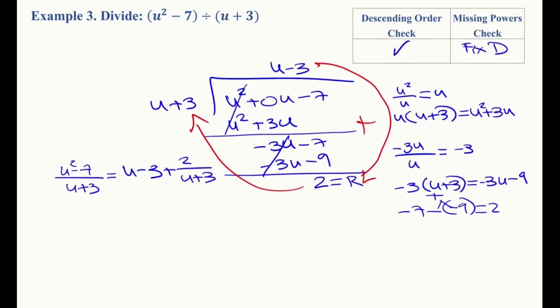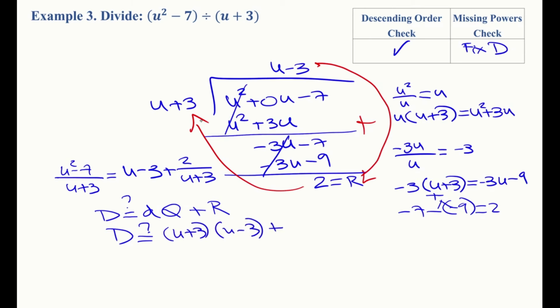And of course, to check it, we can see if the division formula is satisfied. So we're going to check to see if d equals dq plus r. d here is u plus 3 and q is u minus 3 and plus the remainder, which is 2.